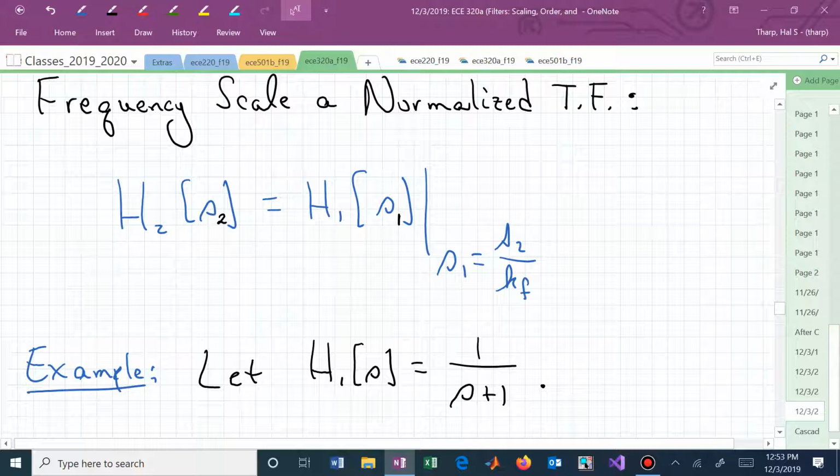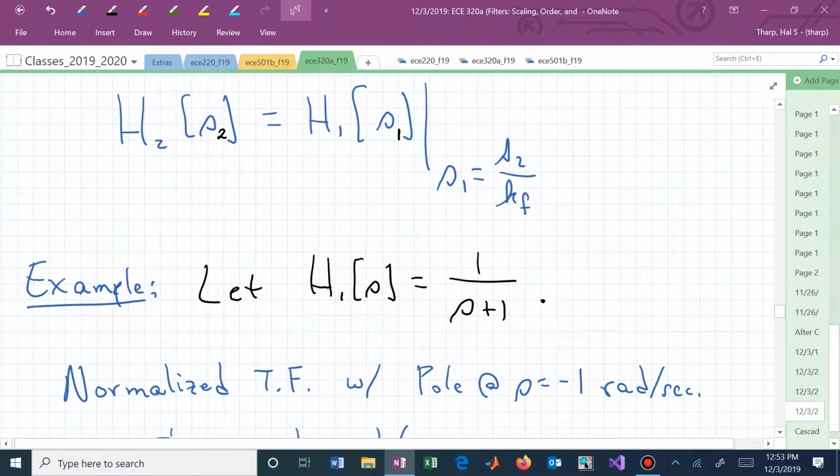Now they say, oh, on second thought, can you give me a transfer function that has a bandwidth of 5 radians per second? Now you could say, oh, that's right, I remember, I can frequency scale. You could just pull it out of the hat and say, here is a transfer function. If it's first order, it's fairly straightforward to achieve.